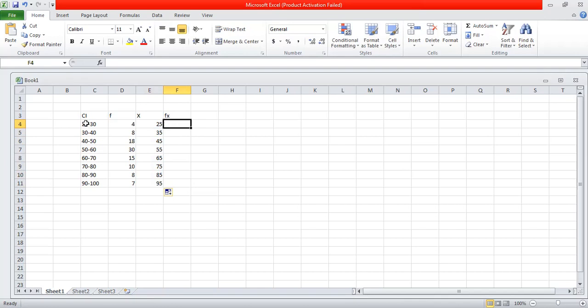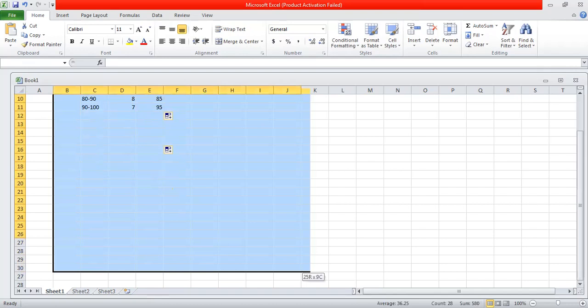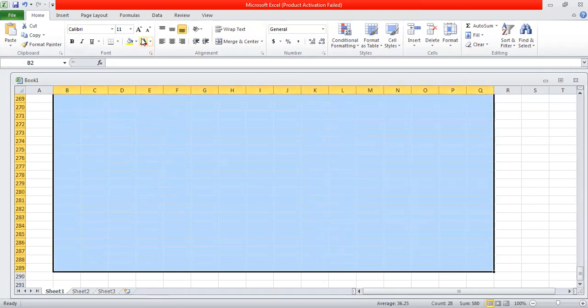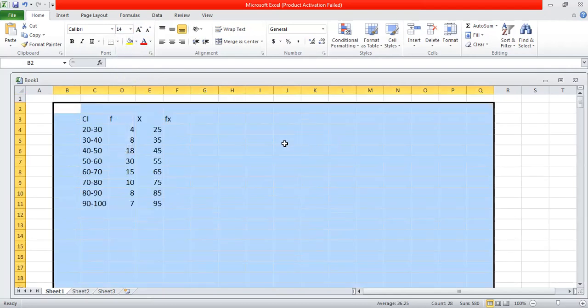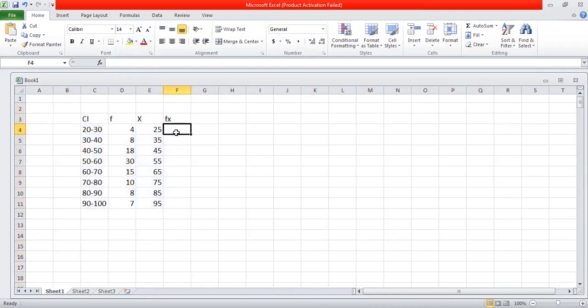Next we have to find the f into x values. Whenever you are typing a formula, you have to start with equals to, open the bracket. Where is the f value?